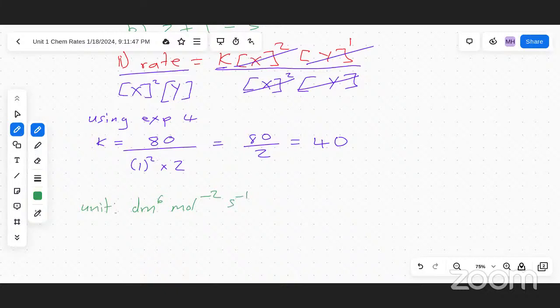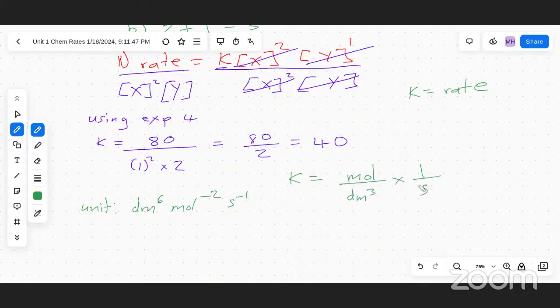All right, so let's look at what we did here. K is equal to the rate divided by the concentrations. The unit for rate is mole per dm cube per second.